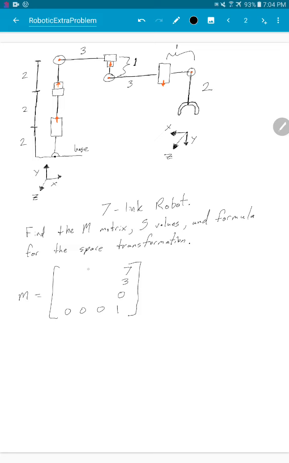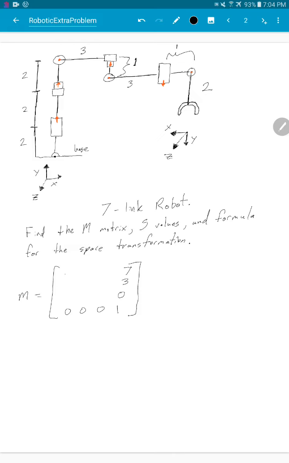And so this is going to contain the rotation matrix. The first thing we do is we look at what is the x value, and we're going to put the x value right here. As we can see, the x of the end effector is located in the minus x direction of the space frame.